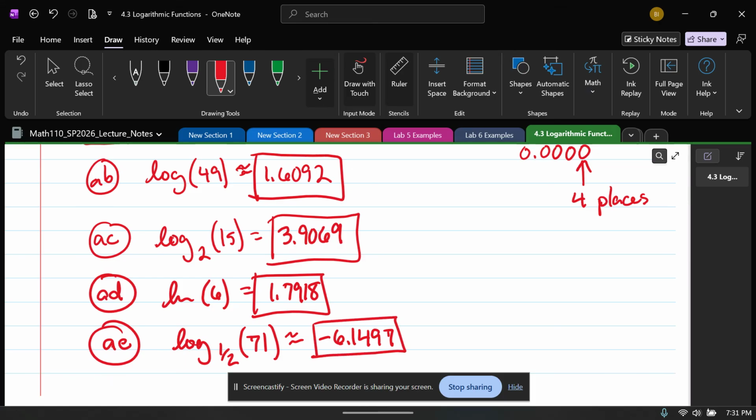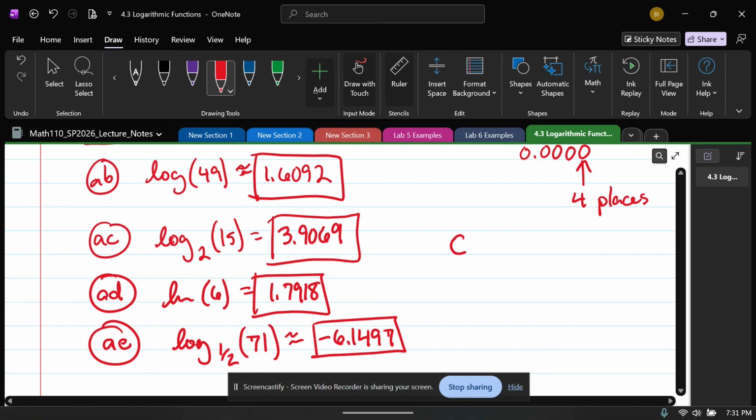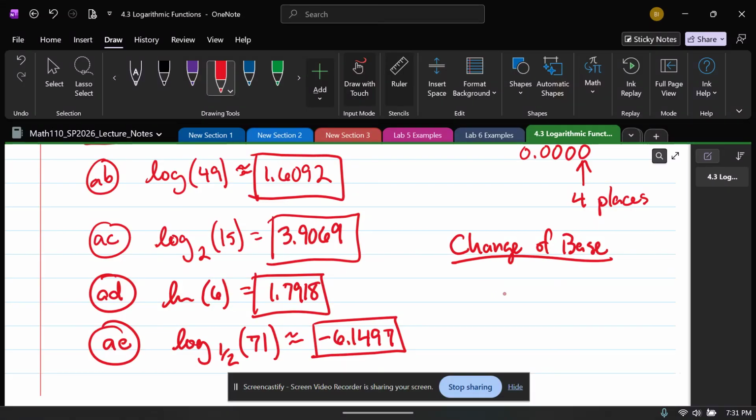Back in the 1900s, we used to have to use this thing called the change of base formula. And it would allow you, if you were doing the log base 2 of 15, you could do that by doing the log of 15 divided by the log of 2.